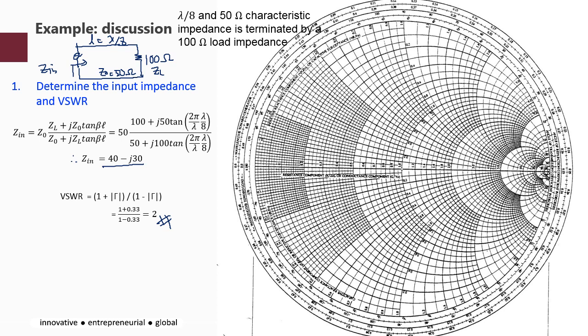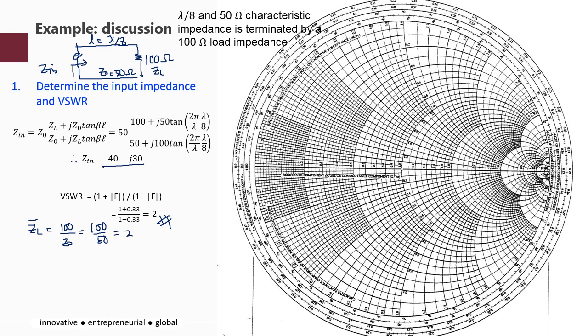But if the question asks you specifically to solve by using a Smith chart, then perform the first step. As usual, you need to find the normalized load impedance equal to 100 divided by the characteristic impedance Z0, so 100 divided by 50, you get 2.